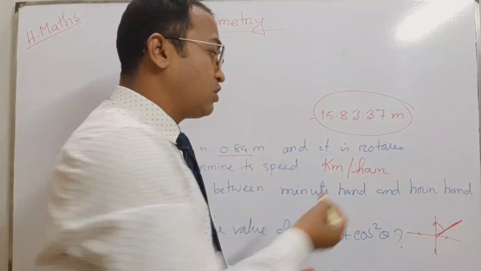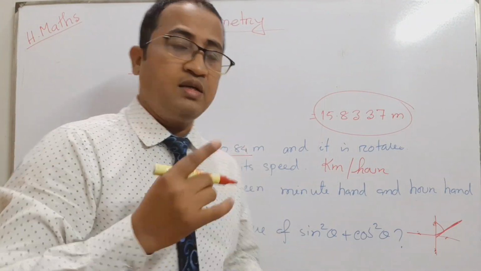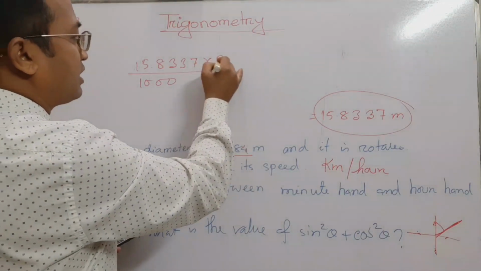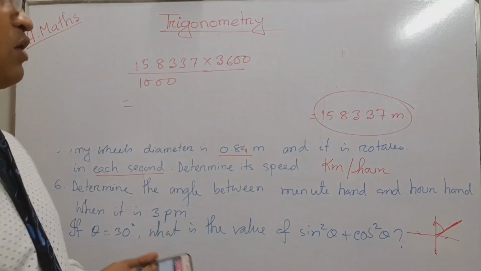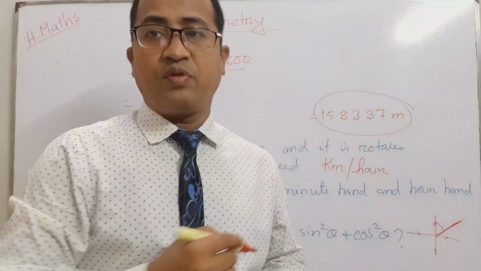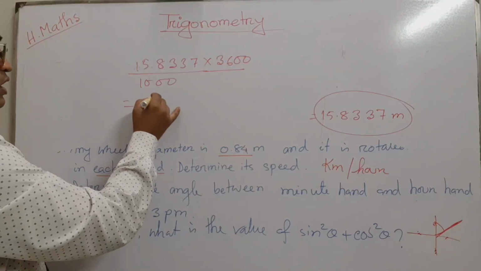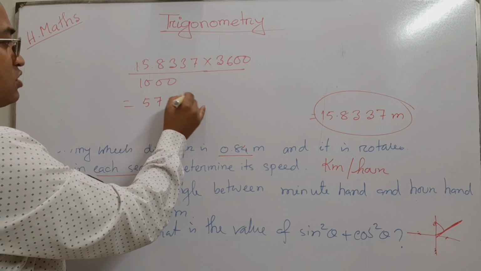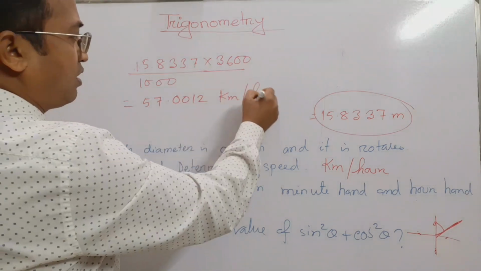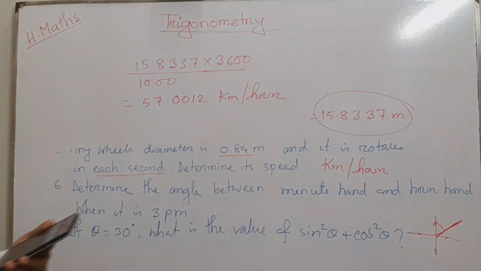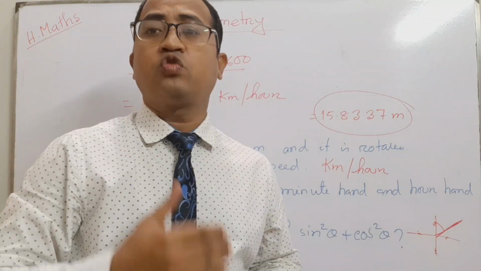We should convert it into hour. We know 1 hour equals 3600 seconds, so you should multiply by 3600. After that, if you calculate it, you will get the speed of that wheel. So the speed of that wheel is 57.0012 kilometer per hour.